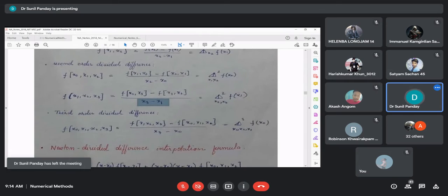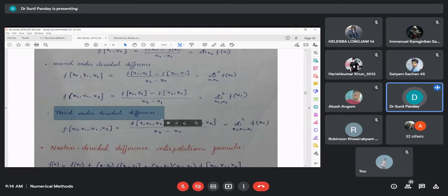Similarly, we have the third order divided difference formula. I think it is visible again to everyone.